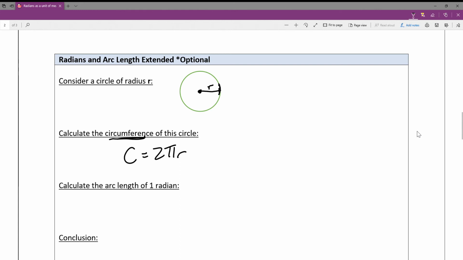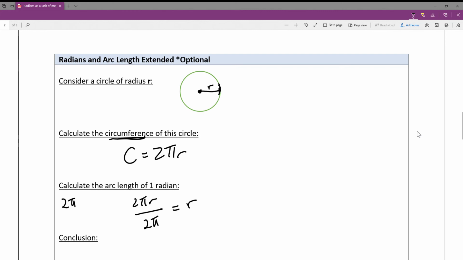And then here it asks you to calculate the arc length of 1 radian. Since 2 pi is 1 full rotation, the arc length of 1 radian must be the circumference, 2 pi r, divided by 2 pi. And this equals r, the radius.